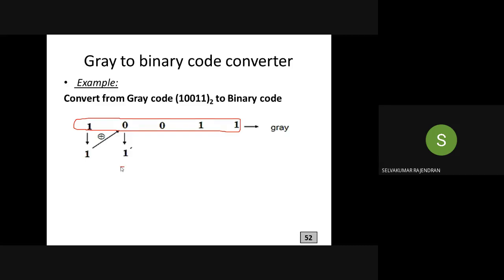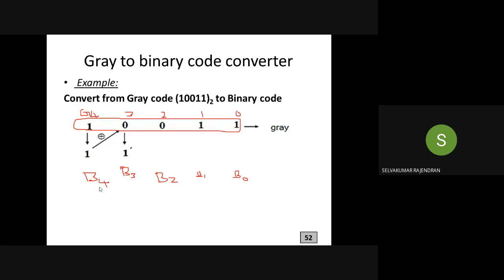If we want to find it, for example, this is a 5-bit number, so we will get B0, B1, B2, B3, B4, and G4, G3, G2, G1, G0.